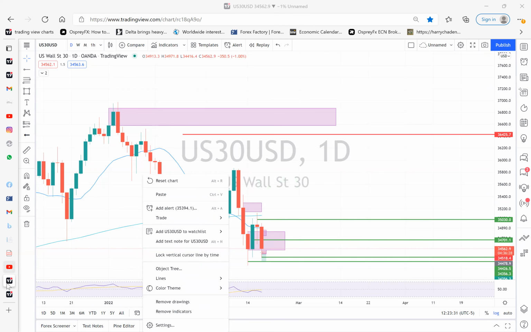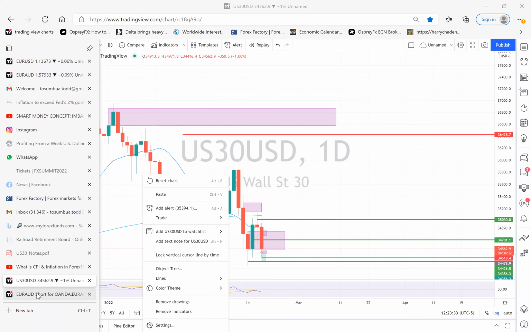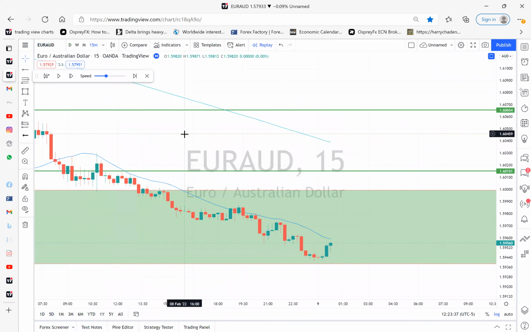Can you repeat that question? Yeah, so if you want to trade on the daily towards the end of the week, if you have an account where you cannot trade on the weekend, it's best to trade on the daily chart and see what order blocks you can find.